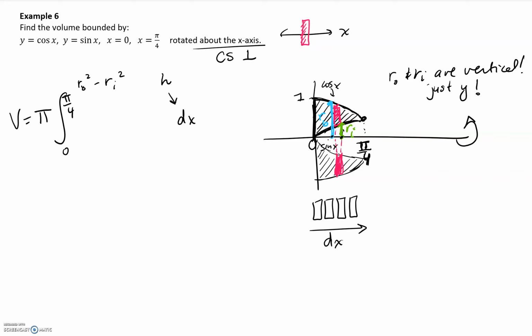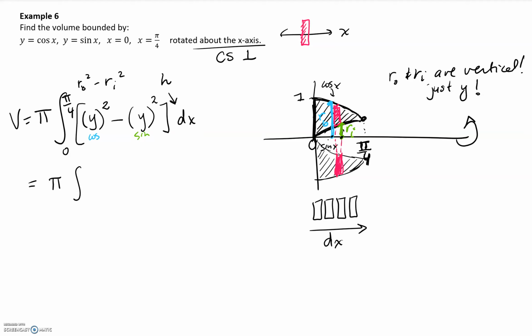So my r outer is a blue y touching the cosine function, minus my r inner is a green y squared touching the bottom function, which is the sine function. So let's get rid of those y's because I'm doing a dx problem.